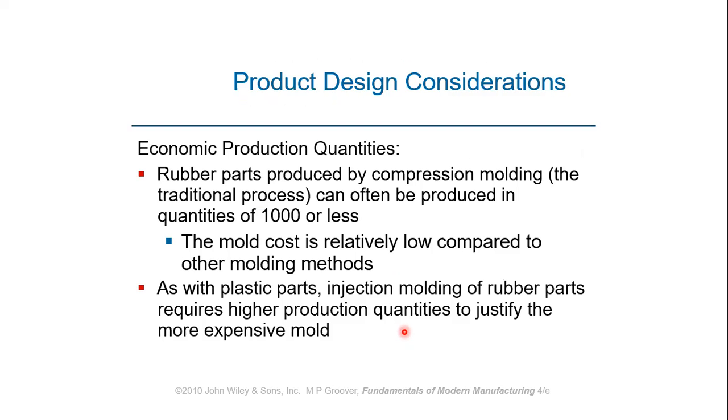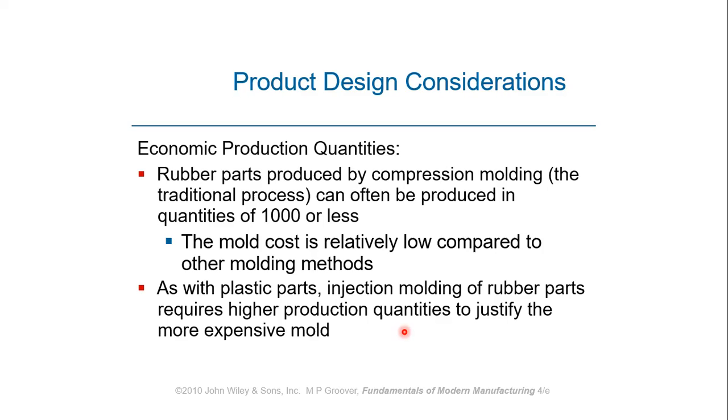And to design the product based on the rubber, in the case of economic production quantities, the rubber parts produced by compression molding can often be produced in quantities like 1,000 or less. In the case of compression molding, the mold cost is relatively low compared to the other molding methods.